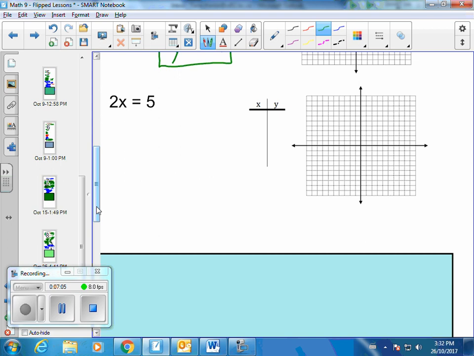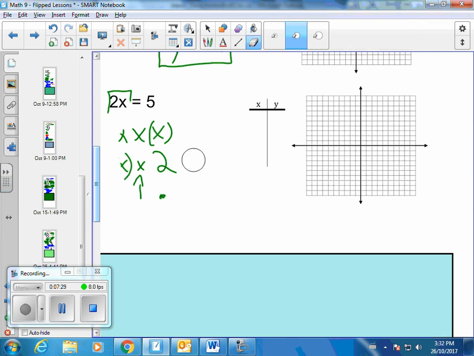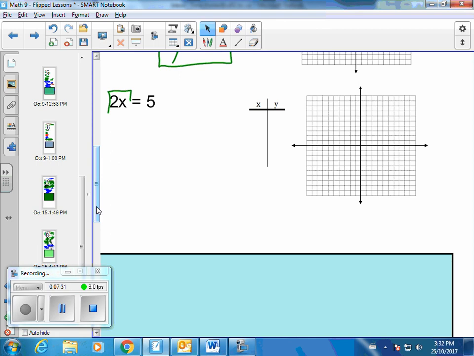Right here, 2x is the same as 2 times x, which is also the same as x times 2. So we're going to do the opposite of multiplication, which happens to be division. I'm going to divide both sides of my equation by 2.